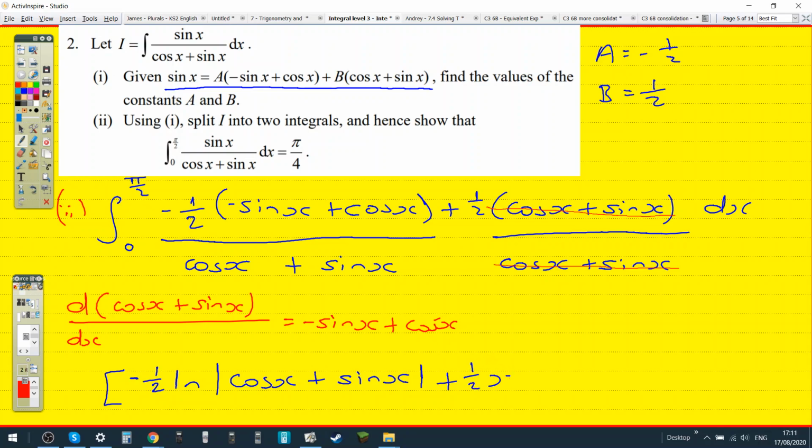Wait, no, 2x. No. Is it half x? Half x. And that's between pi over 2 and 0. Yeah. And then you have to solve that. But you should have minus a half.